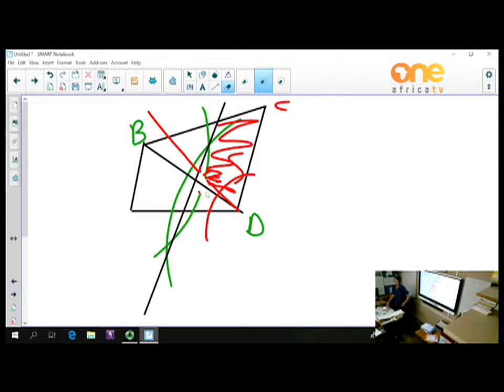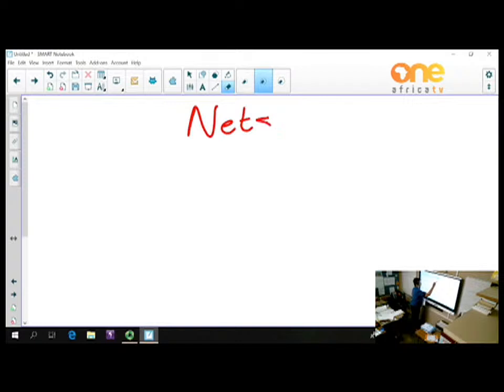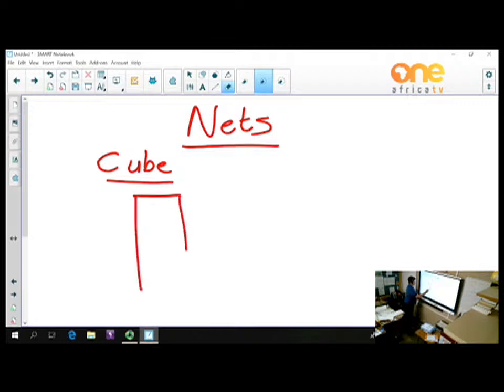That was the homework. So now we're going to make nets today. We're going to draw now nets of shapes. Nets. Now, usually you can just summarize it in your book now first. So if we have a cube, then the basic net looks like this, where you have the 6 faces and those 2 wings.